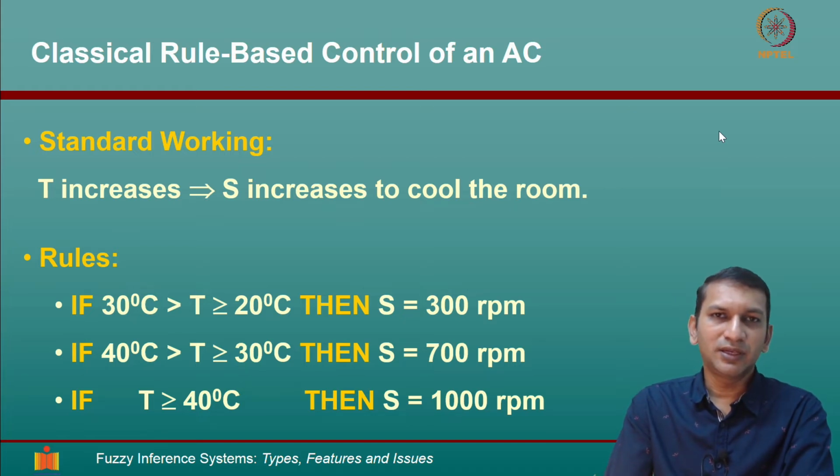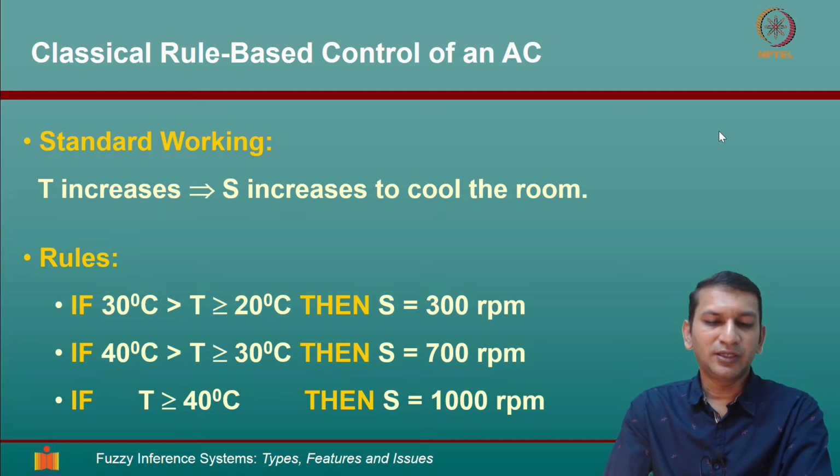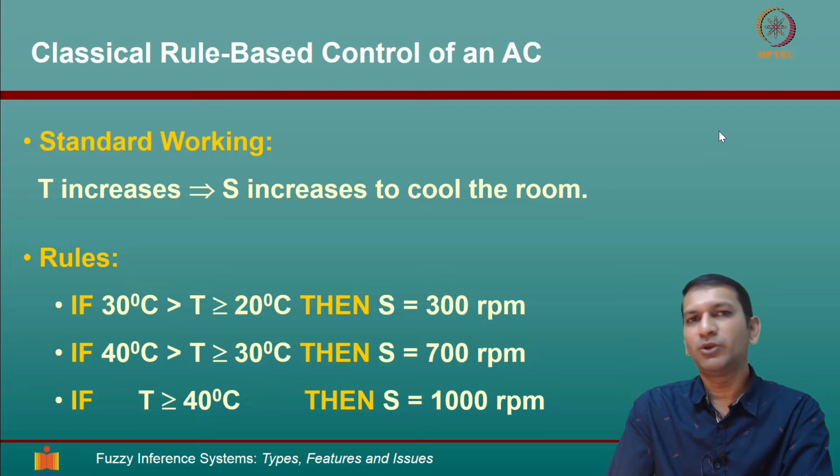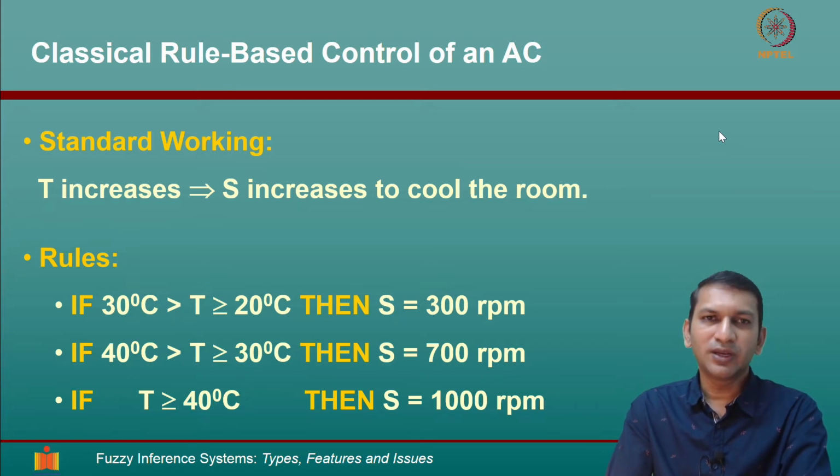And S is equal to 300 RPM, so you could look at 300 RPM as a singleton set. So it is more like if T belongs to A1, then S belongs to B1. Of course, in this case, B1 is just a singleton set. So we are looking at a really classical if-then rule.